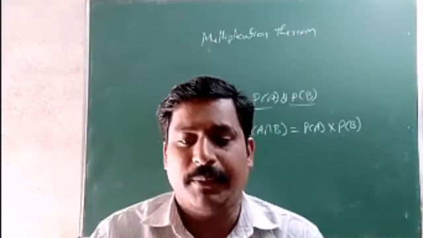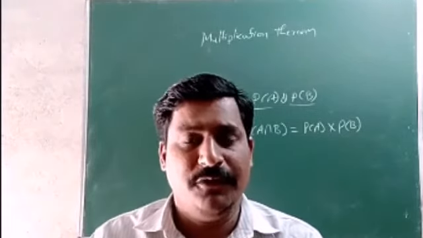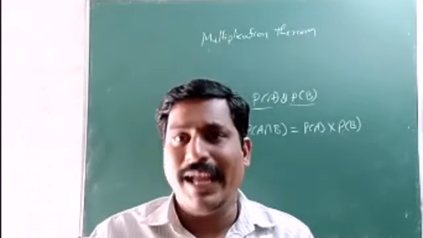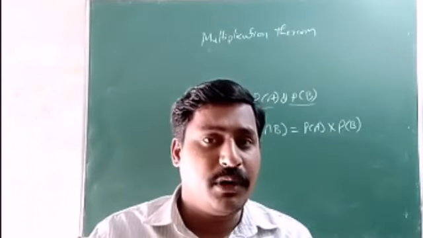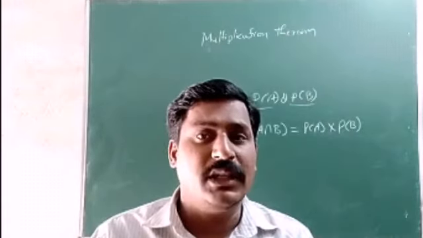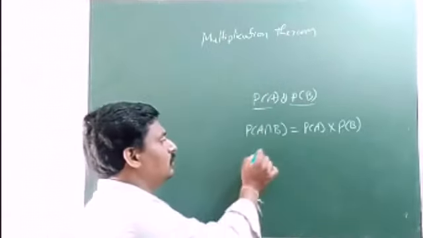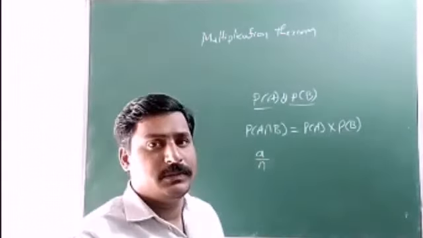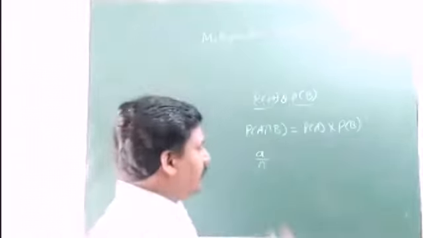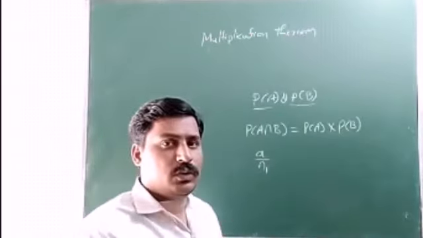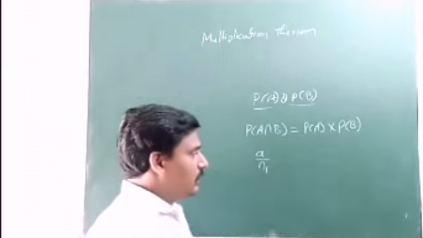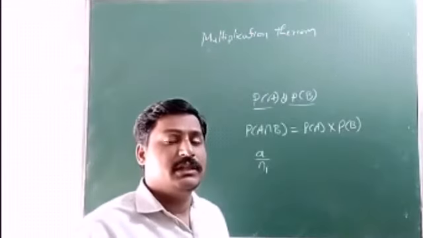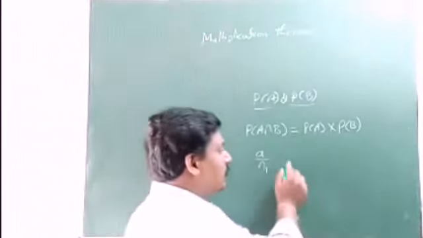Here, for example, how to prove this. Suppose event A is happening, and there are n1 exhaustive cases, out of which a are favorable cases to event A. As these are two independent events, the exhaustive cases for the first event are n1 and for the second event n2.